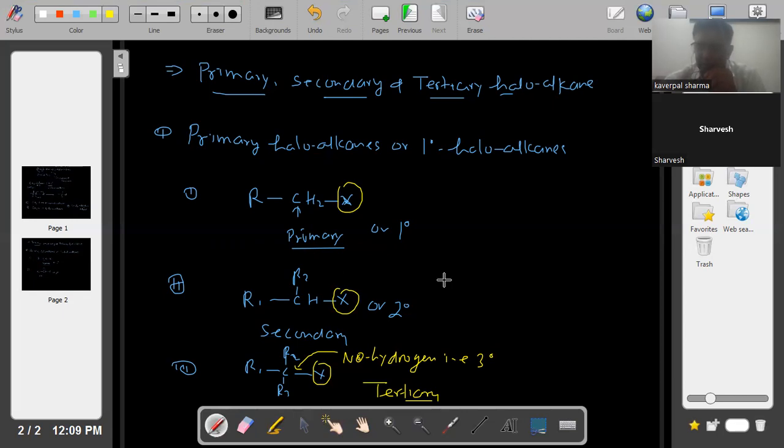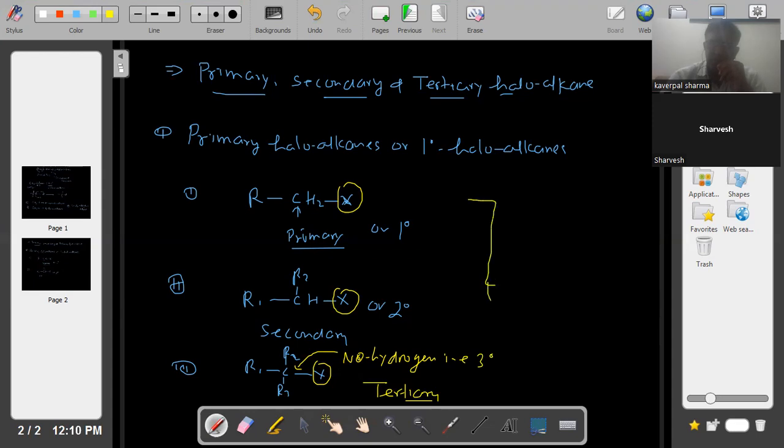That will be a different kind of nomenclature. But first of all, you have to identify which one is primary or secondary carbon. Now you can identify easily. Primary has one alkyl group, secondary has two alkyls, and tertiary has three alkyl groups. All of them must have one halogen, that is called monohalogen.